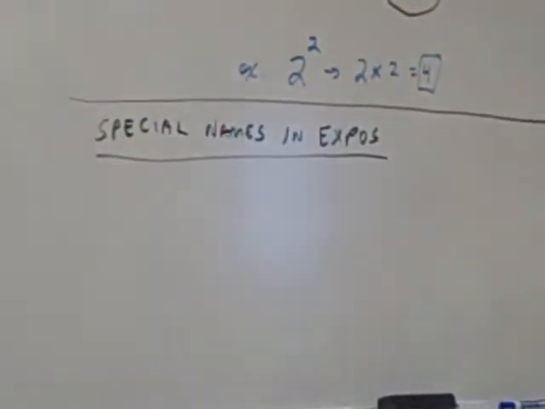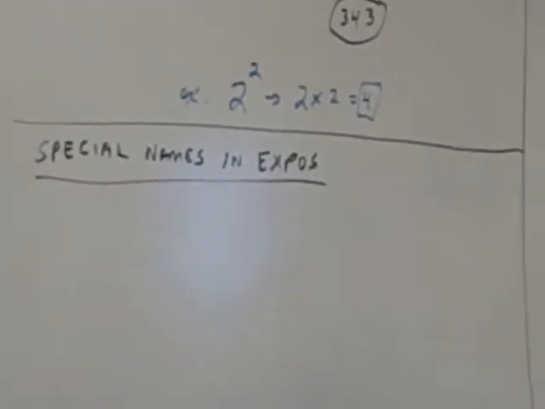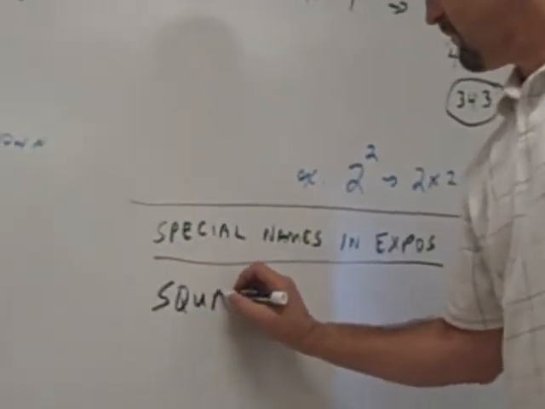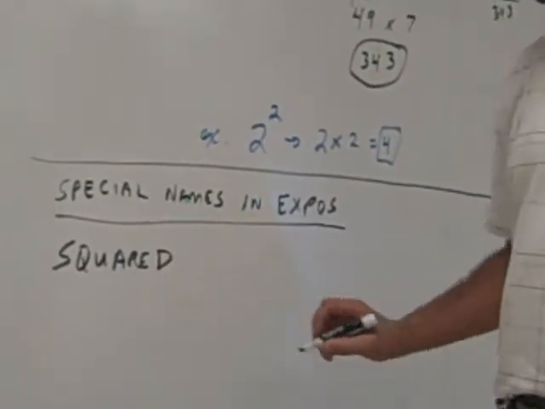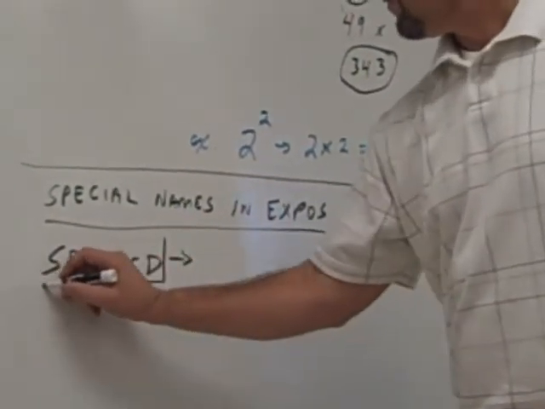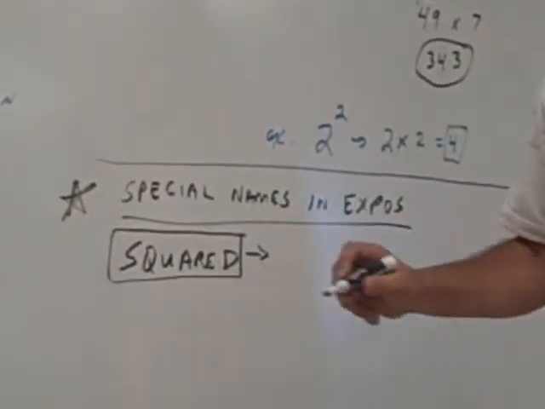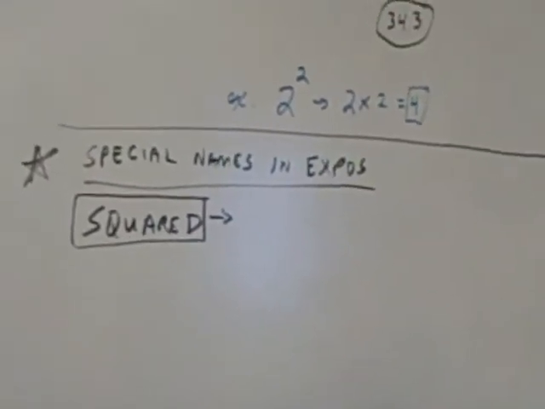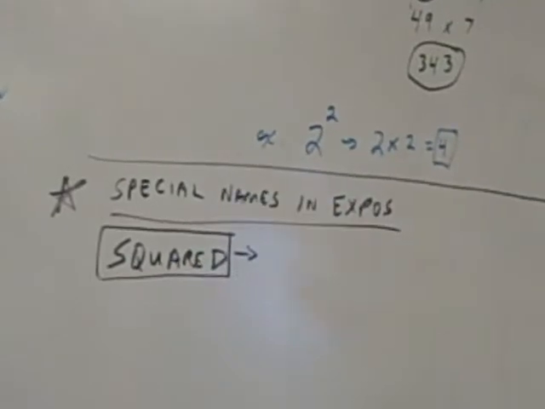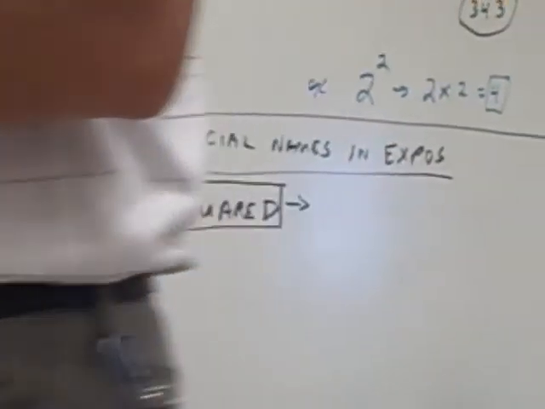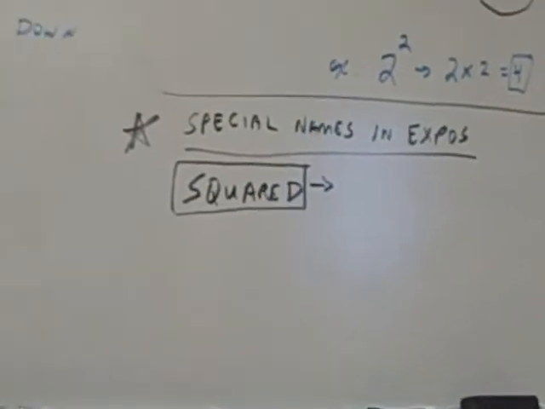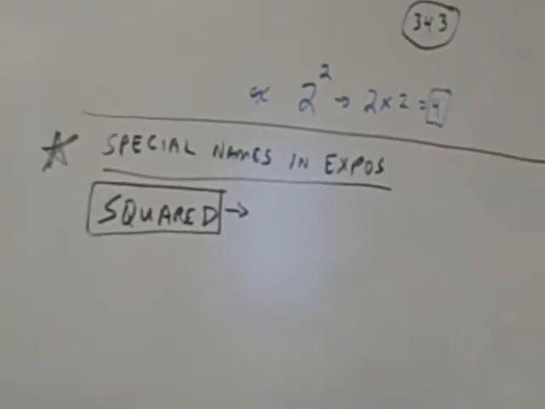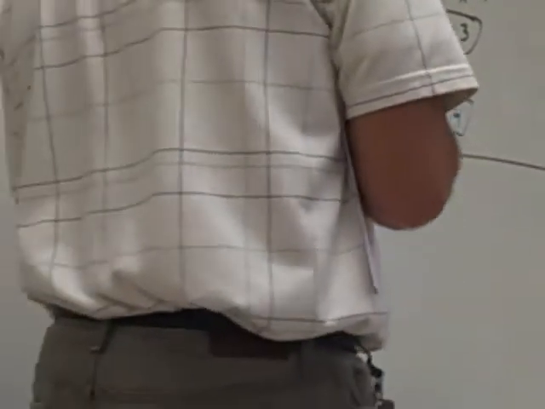There are 2 special names in exponents. Squared is one of them. You will be hearing the word squared from now all the way through college math, whatever math you take in college. From this point forward, you need to understand the word squared in dealing with exponents.